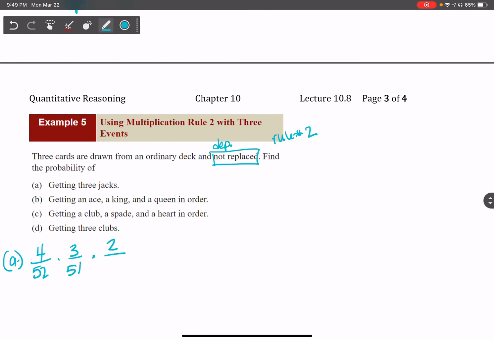This time, I have 2 out of 50. Once again, it's not being replaced, so our denominators are dropping down every time, and so are our numerators. Now I just have to multiply, which I get 24 over 132,600. Reduce.